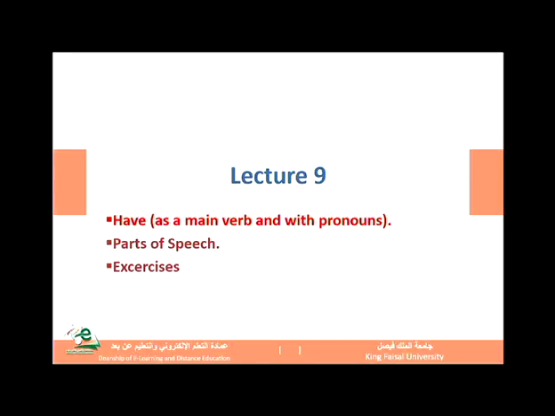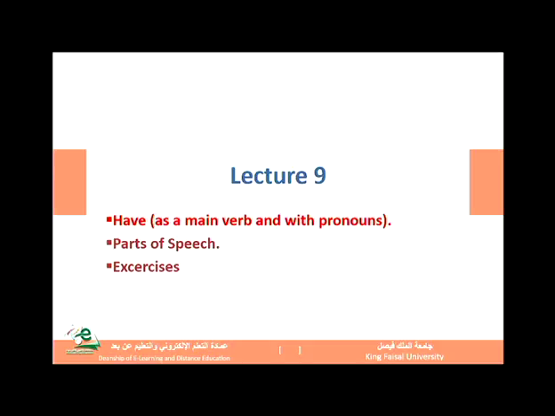So today we will be talking about two things, and we will be doing exercises in between the slides and in between the things that we explain. The first thing that we will be talking about today is have, and we've already talked about have in the previous lectures. However, today we will talk about have as a main verb and how it is used with pronouns.